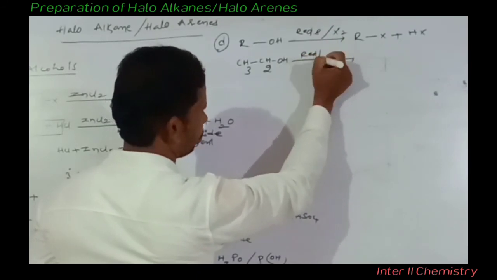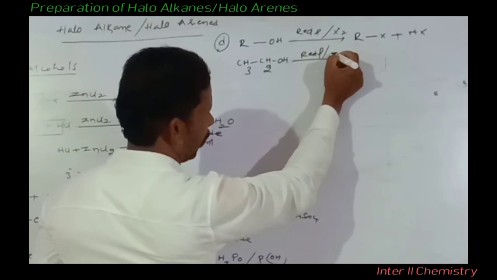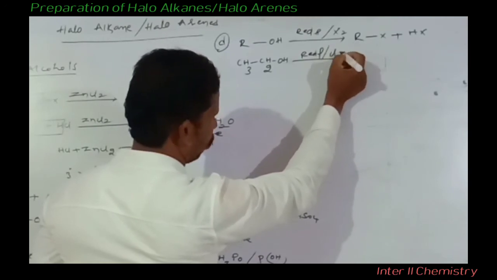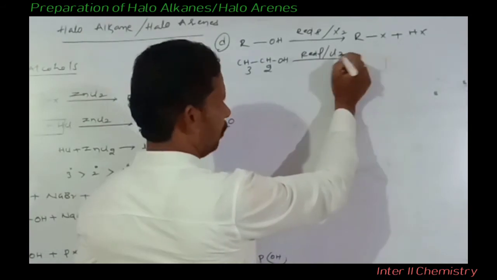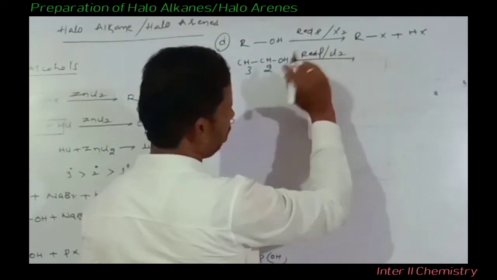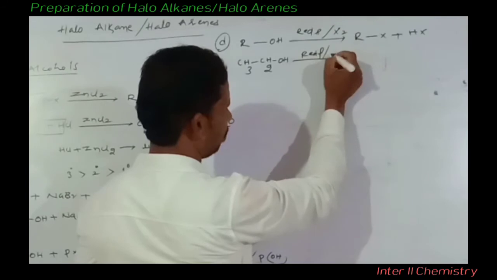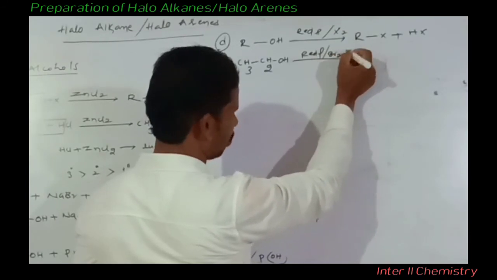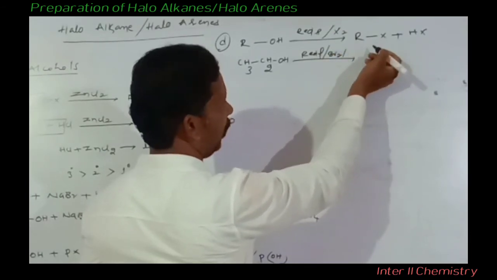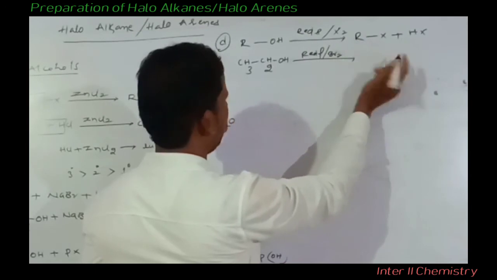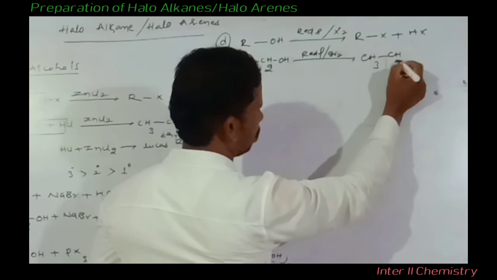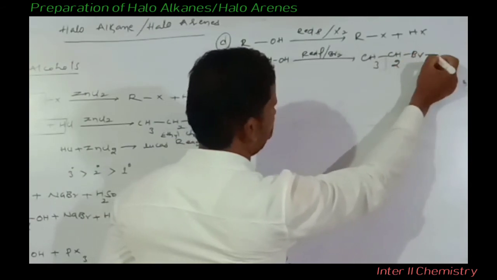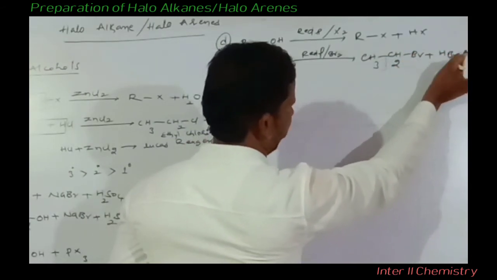Red P, and I am writing chlorine. Mainly in this method, compounds are prepared by reaction with bromine or maybe iodine also. Here we write CH3CH2Br plus HBr.